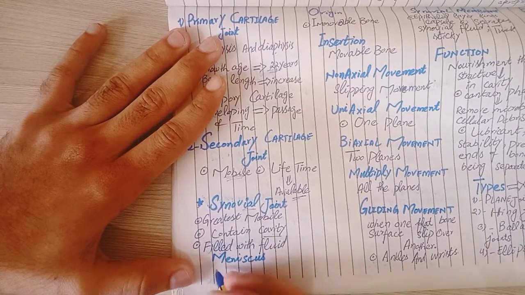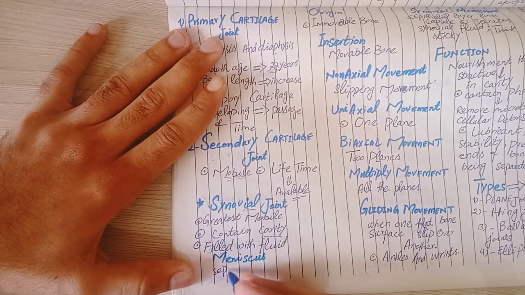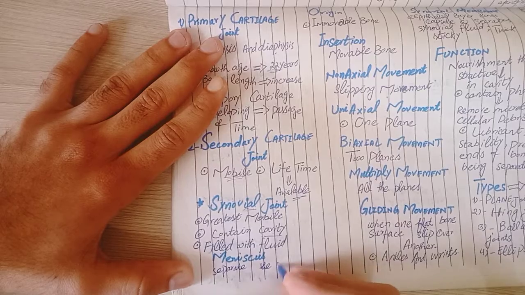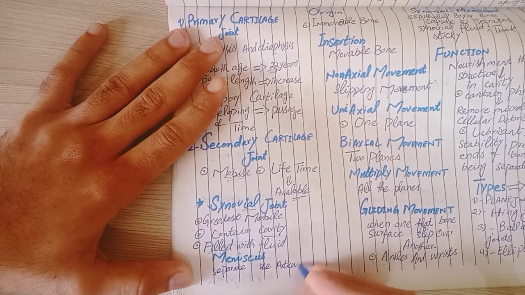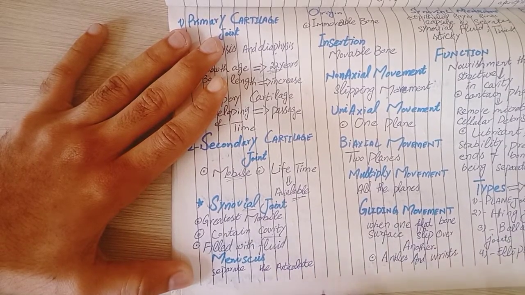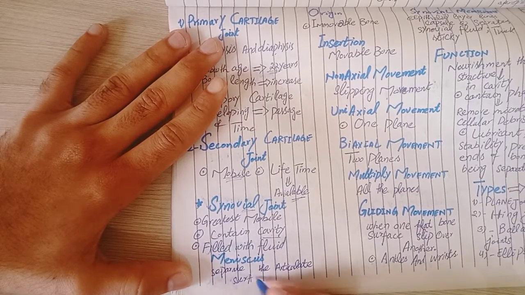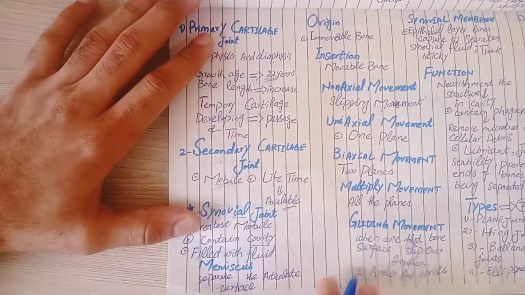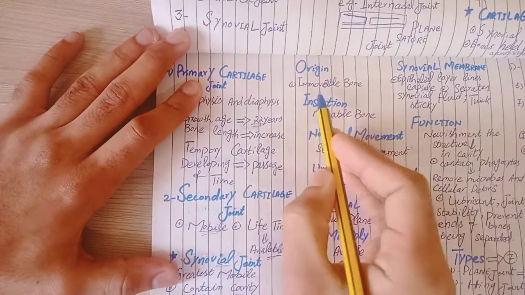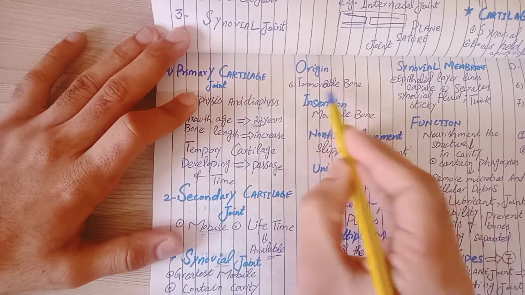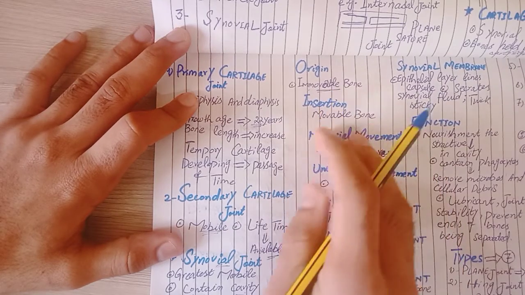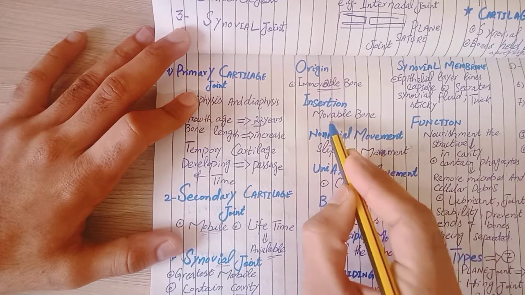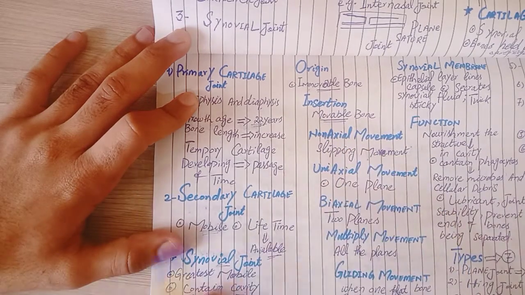The meniscus separates the articular surfaces. Origin means attached to the immovable bone. Insertion means attached to the movable bone.